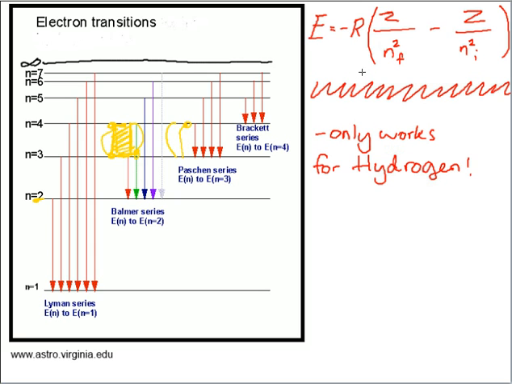To find that, Bohr came up with this equation, which is energy equals this constant, and they're going to give you the constants, don't worry about it, and this right here, which is Z, the atomic number, the nuclear charge of your element.